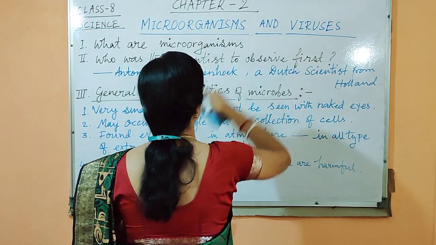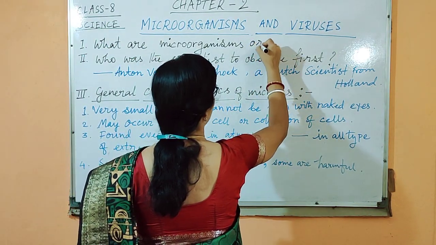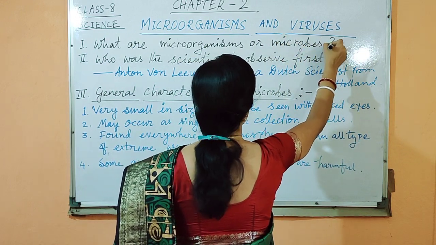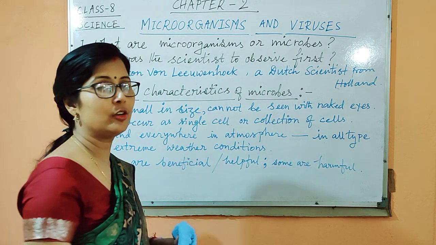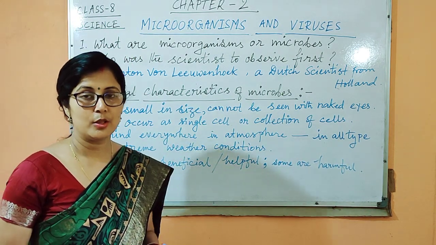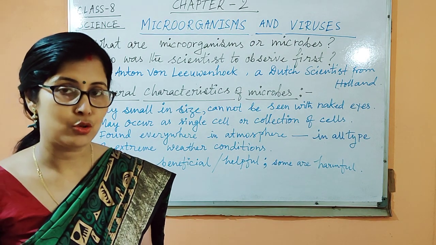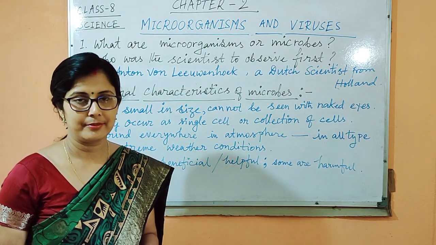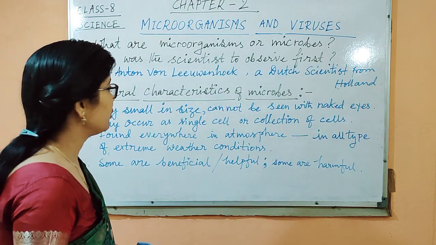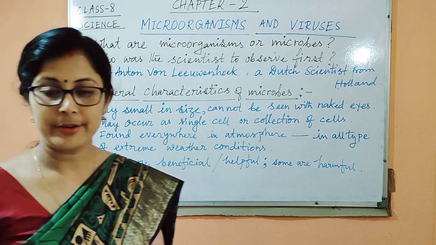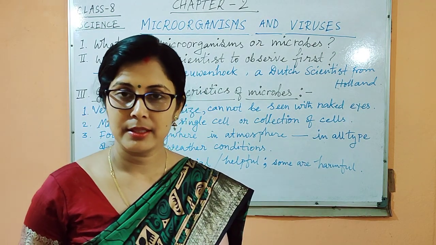So, microorganisms or microbes are the living organisms mostly, because we will learn about viruses as well, which show a very unique characteristic. So microorganisms are mostly living organisms which cannot be seen with our naked eyes, right?